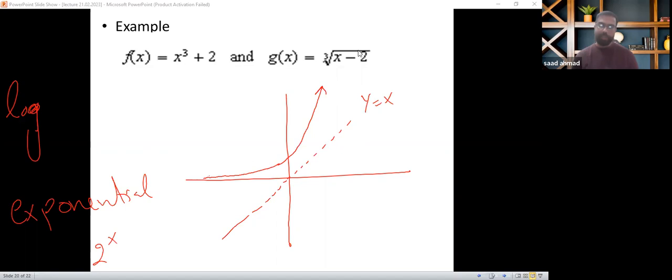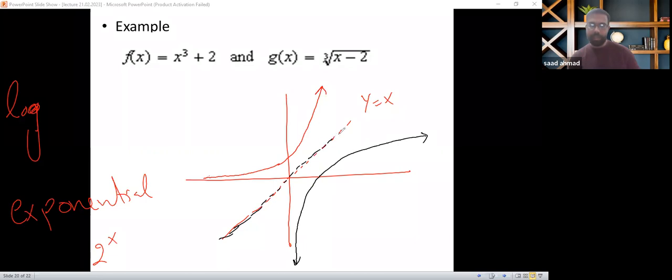This line will mirror it, and the logarithmic function will look exactly like a mirror image, although my drawing will not be exact. You can see that the line in the middle behaves like a mirror. So when you graph inverse functions, the line y equals x behaves like a mirror in the middle.